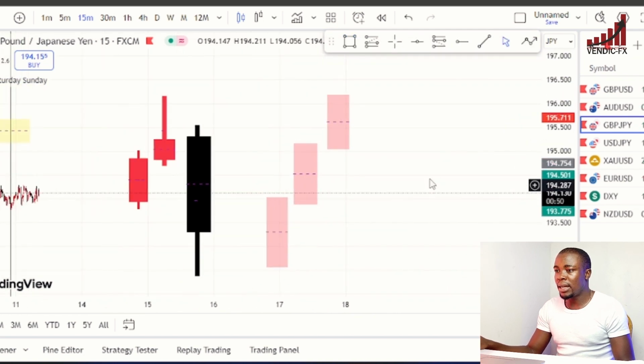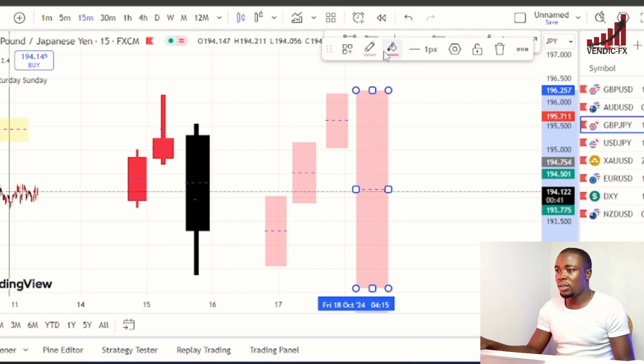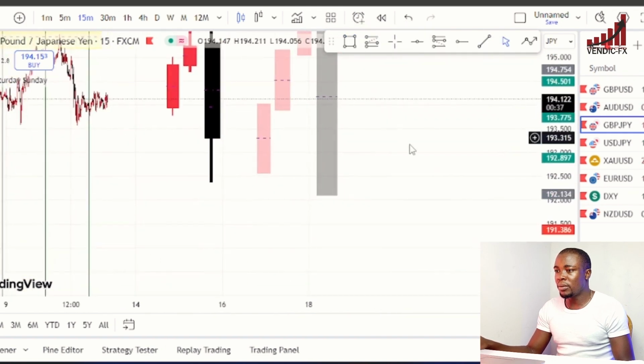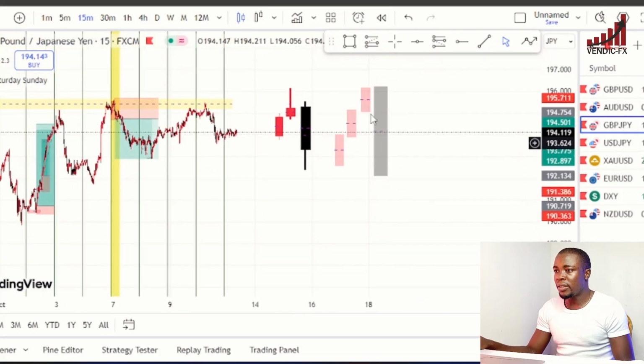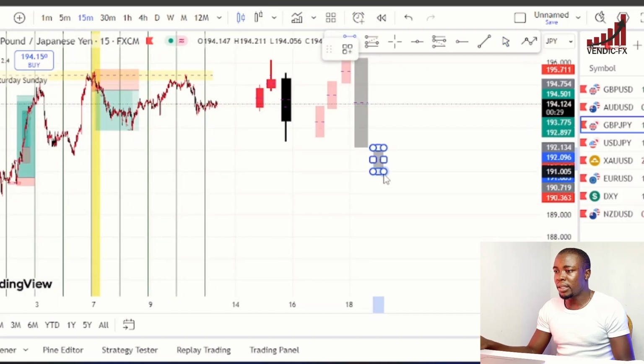A three candle like that, and then probably you now have a serious bearish candle, and probably another serious bearish candle.